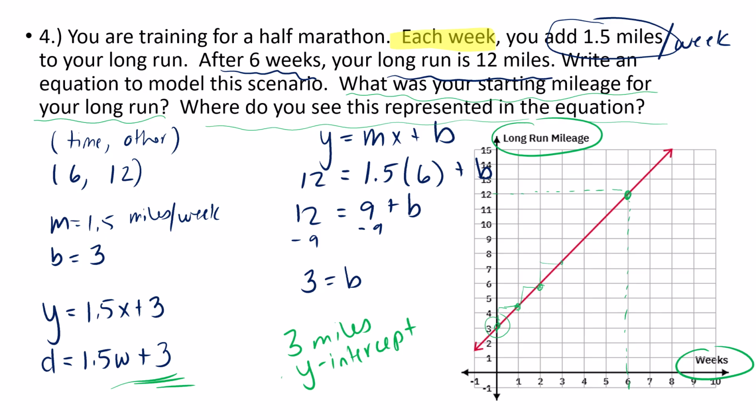Now, in reality, if you were really training for a half marathon, it doesn't typically go up like that. It looks more like this, where it goes up and then you do what's called a step back week. Usually when you get to about 8, you'll step it back to 6, then jump back up, and then jump back down. That gives your body a rest.